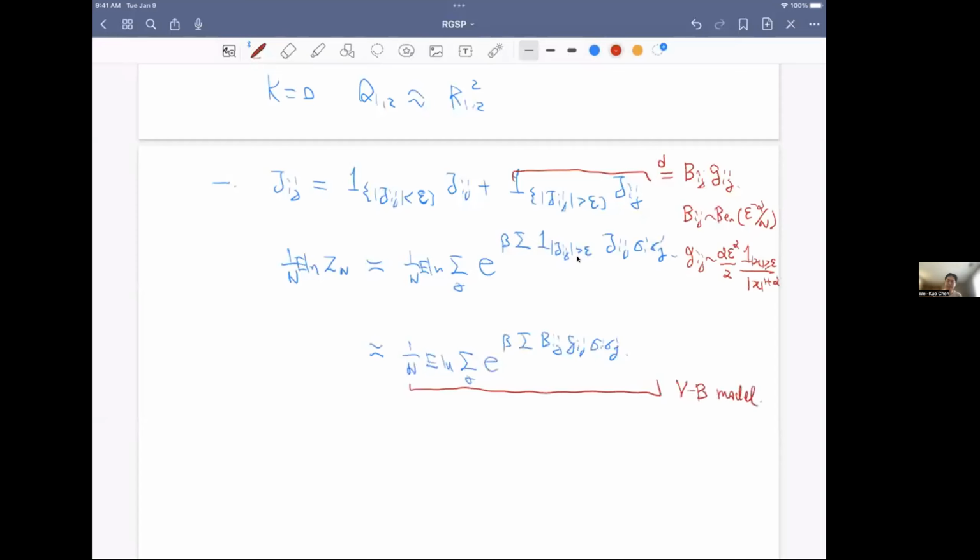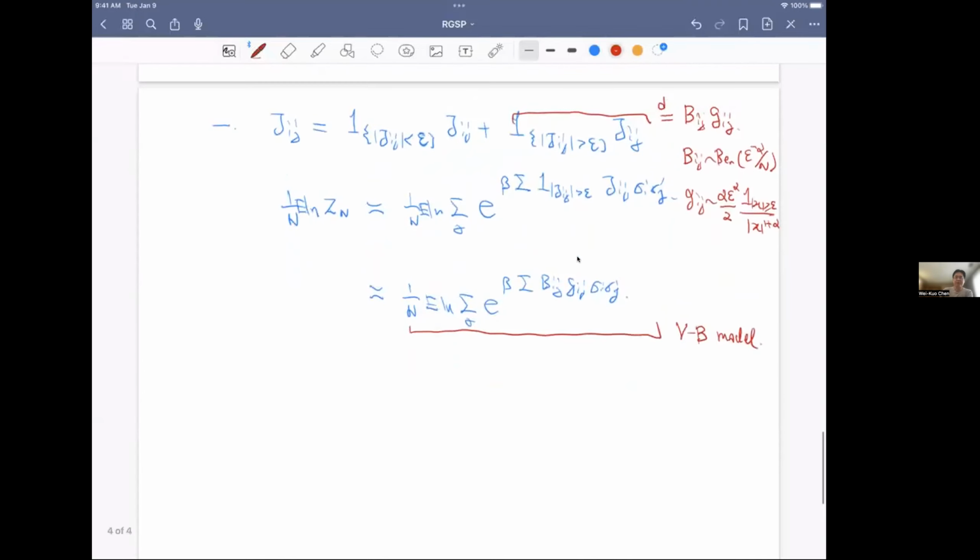So this is the first important observation, where we make a connection between this model and a model that we learned already, one we understand slightly better, which is the Viana-Bray model.